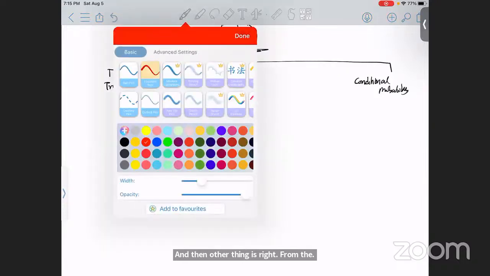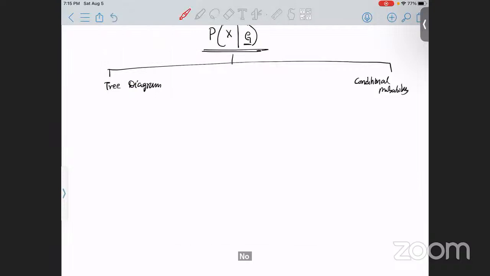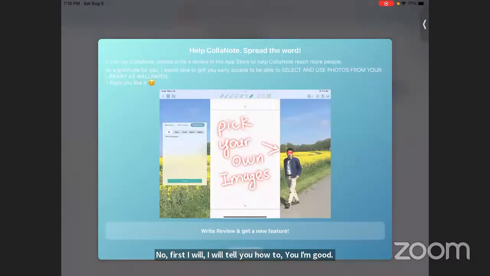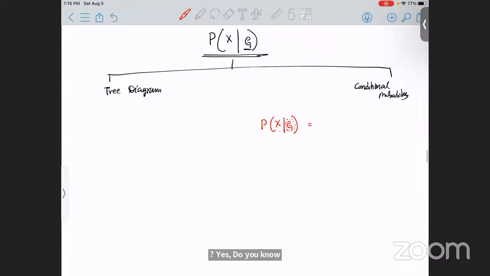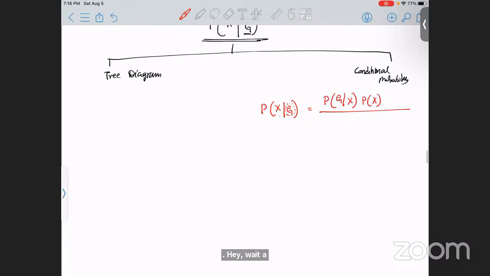First I will tell you how to write this formula. P of X given that the selected one is a girl is equal to P of girl from college X into P of X, divided by, listen carefully, the total possibility of girls.